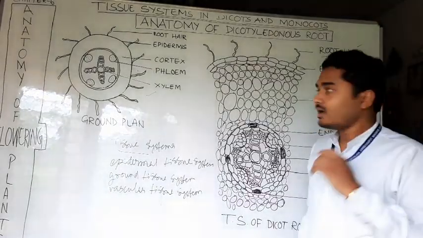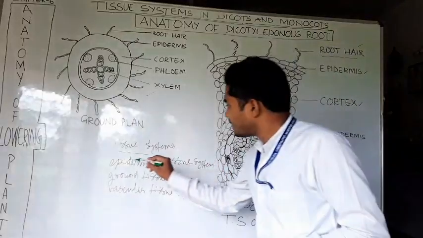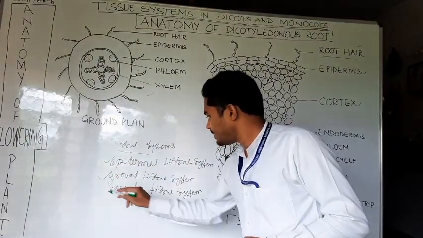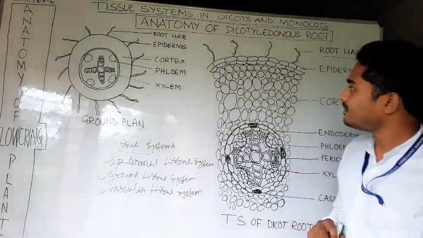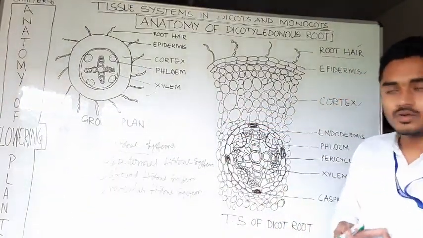In the anatomy of the dicotyledonous root, we will see how the epidermal tissue system, ground tissue system, and vascular tissue system are arranged in a dicot root.